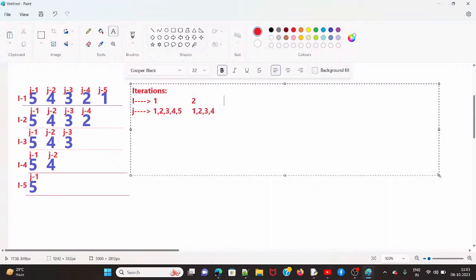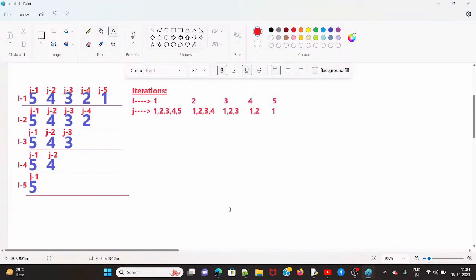When I iterates the third time, j iterates only 3 times. When I iterates the fourth time, j iterates 1, 2 only. When I iterates the fifth time, j iterates only one time. That's all. These are the iterations, guys. Now let's see the program.